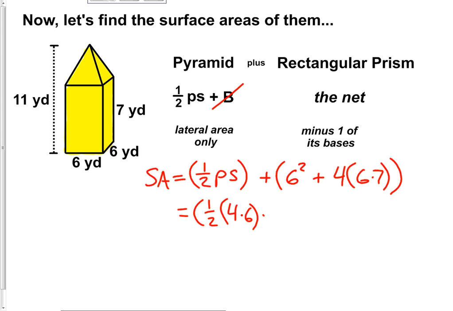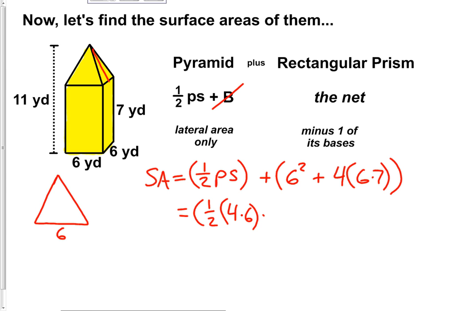I'm having a hard time visualizing this, so I'm going to pull out one of these triangles. Chances are you're probably envisioning the slant height right about there, on that side. So let's see what we know about this. We've got 6 across the bottom, and let's see what else we've got.